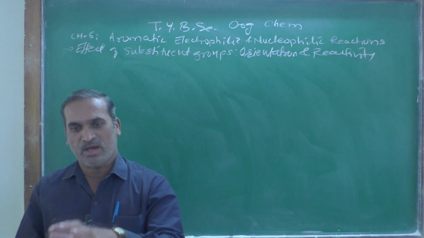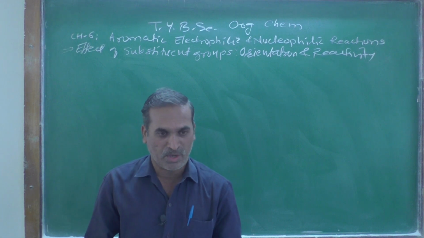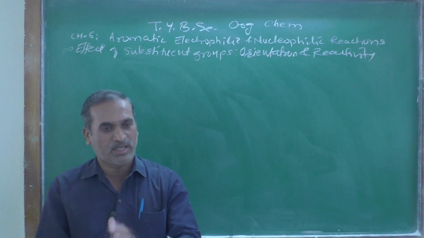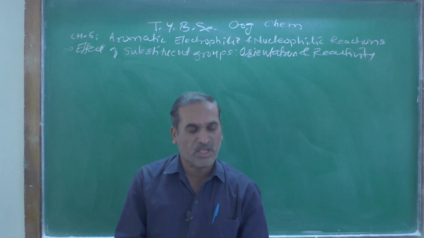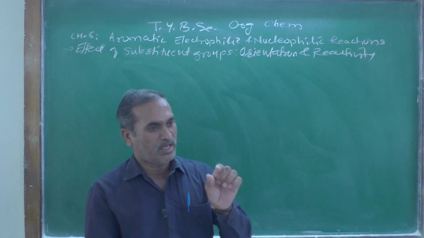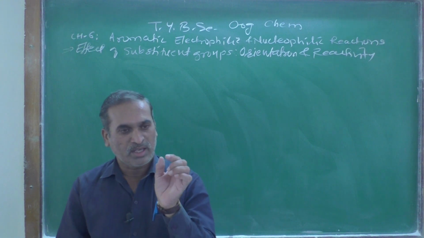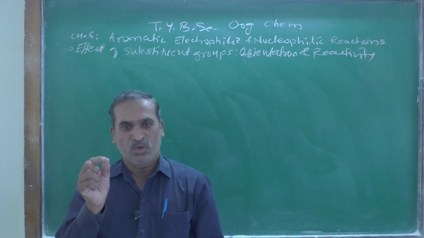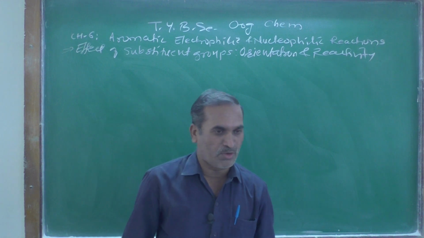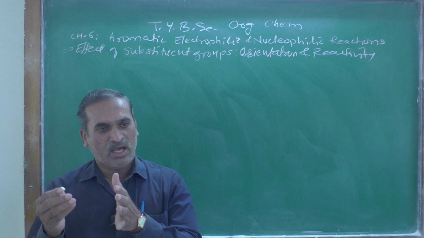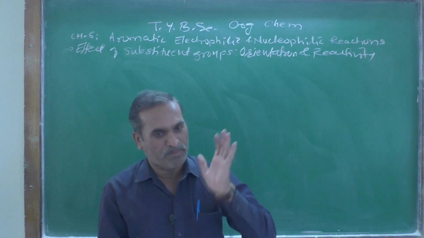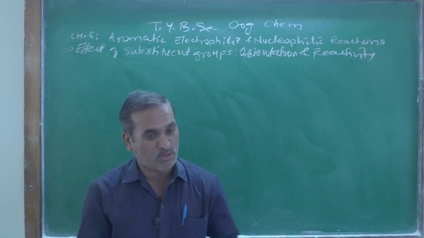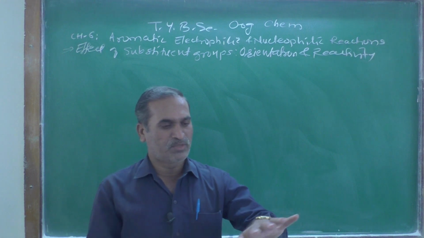Whatever reactions we have seen so far about aromatic compounds, we know the special feature or important characteristic of an aromatic compound, according to Huckel's rule: any cyclic, planar, fully conjugated compound containing 4n plus 2 pi electrons shows aromatic behavior.